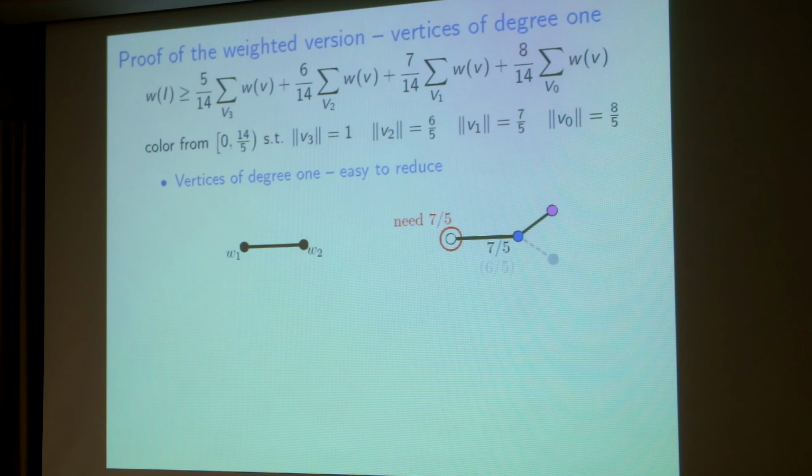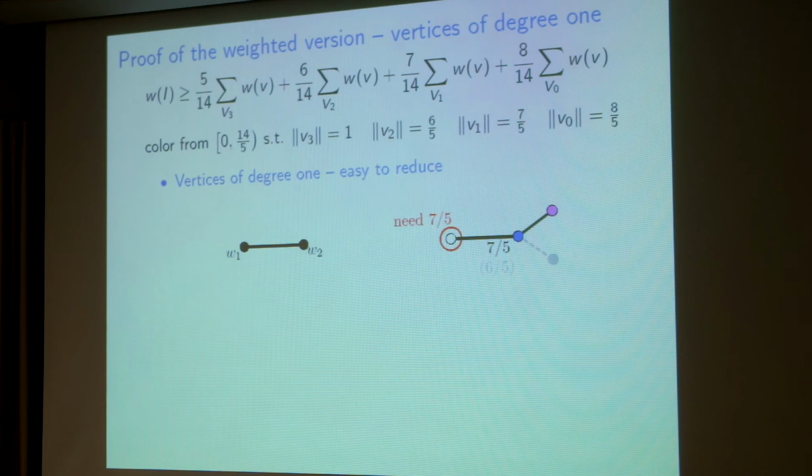Or another thing is that there is a vertex of degree 1 connected either to a vertex of degree 2 or of degree 3. Now I remove this vertex, I apply the induction, I get either a 6 over 5 or 7 over 5 subset on the neighbor, but since my total length is 14 over 5, I will just take the complement of the color that was assigned here, and it will have measure at least 7 over 5.